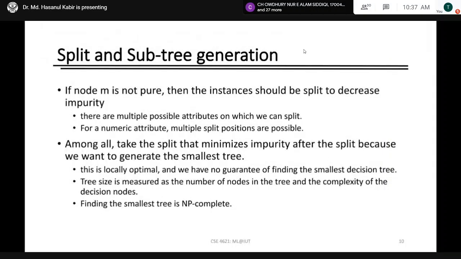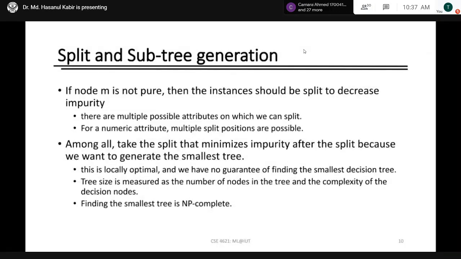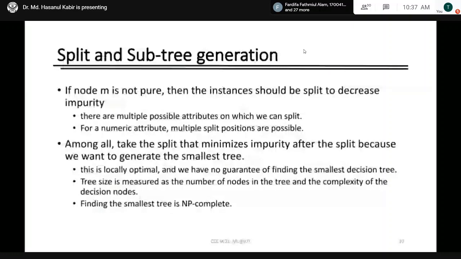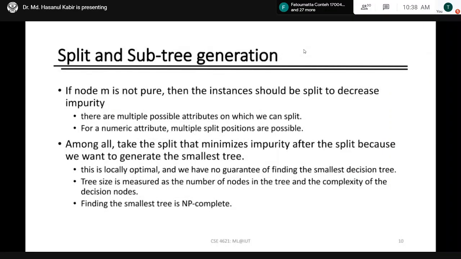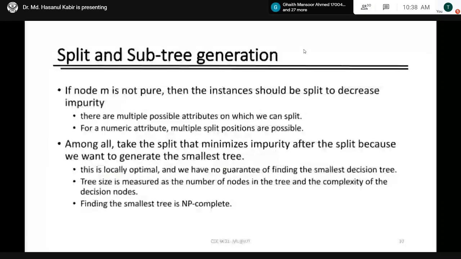Let's say the attribute is color and you have 3 colors: red, green, blue. Then you can split them into these corresponding states, right? But in case of a numeric attribute, we can have multiple split positions. Yes or no?